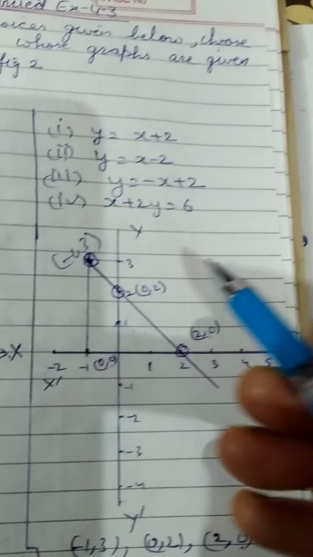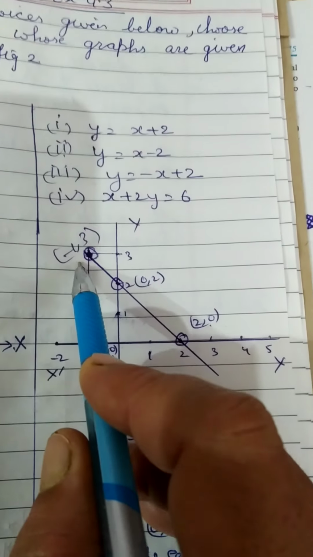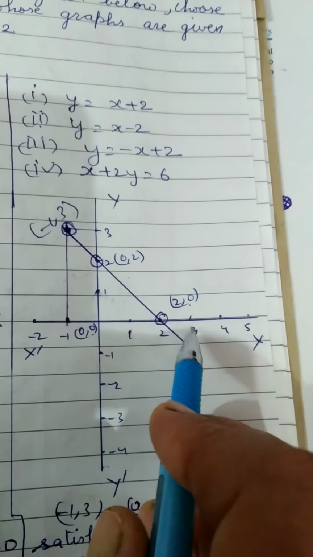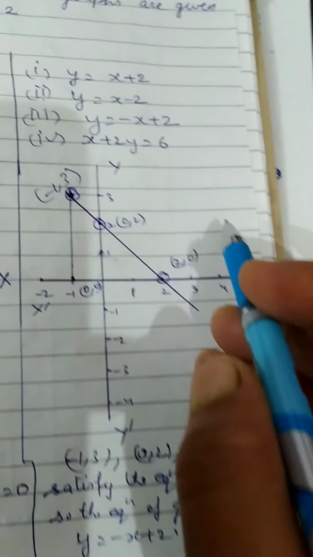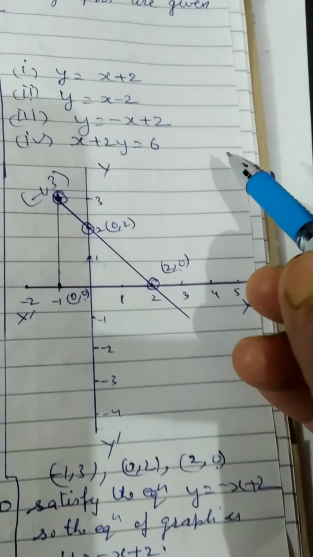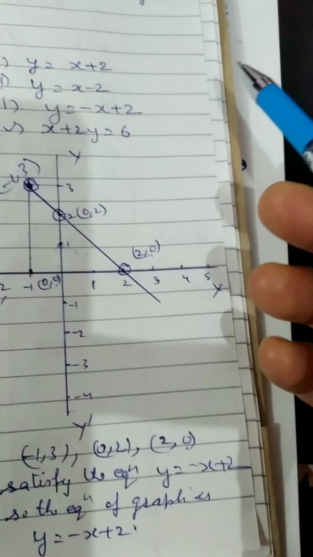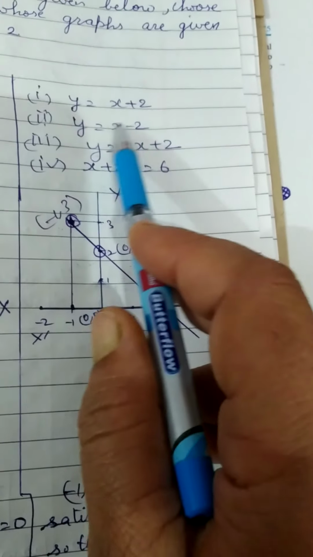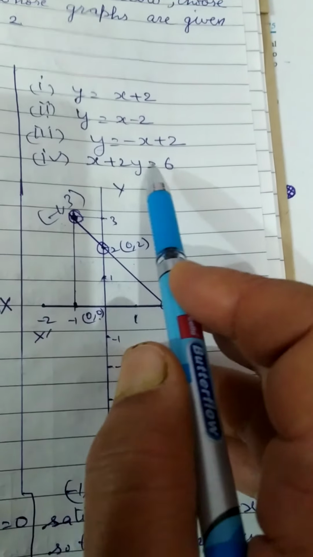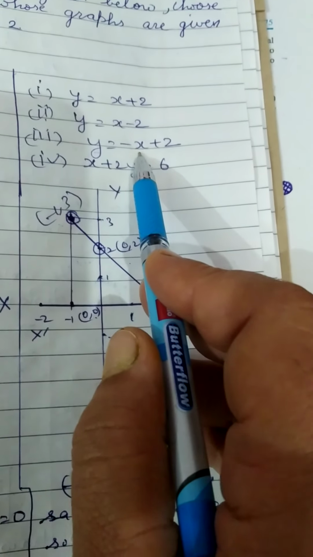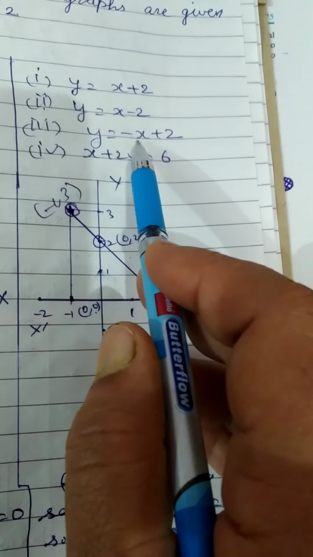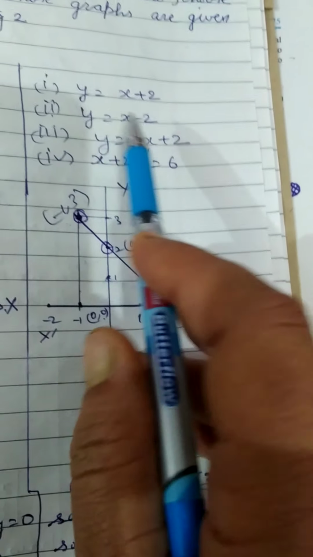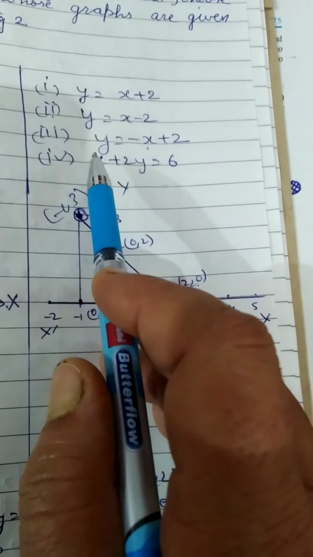Now, in this case, you see the points given are (-1, 3), (0, 2) and (2, 0). These points are satisfying the equation y is equal to -x plus 2. When we put y is equal to 3, x is equal to -1, then we take -x, that is +1, and we get 2.